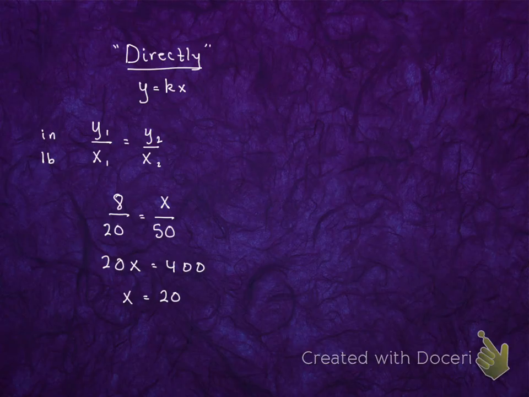In other words, it will stretch 20 inches with 50 pounds because it stretches 8 inches with 20 pounds. Okay, so that is inches. And we set up our ratio with inches on top and pounds on bottom. Okay, very, very basic. Okay, good job, guys.